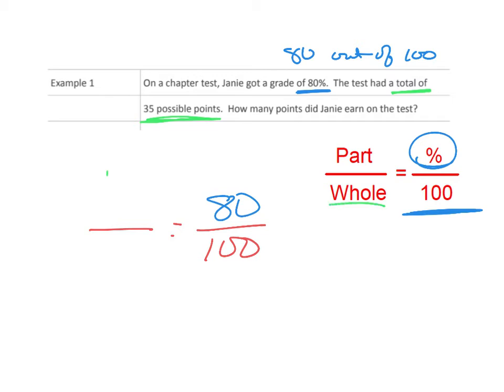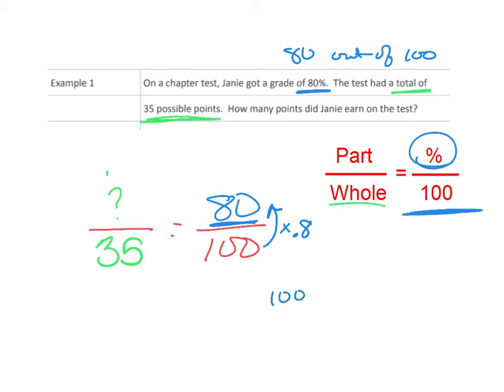That's the whole. That's how many total points there were. Okay? So they want to know how many points she got on her test. What was her part? Well, like I said, sometimes things don't work out so nicely, but anytime you take 100 times the decimal of that percent, you're going to get it.